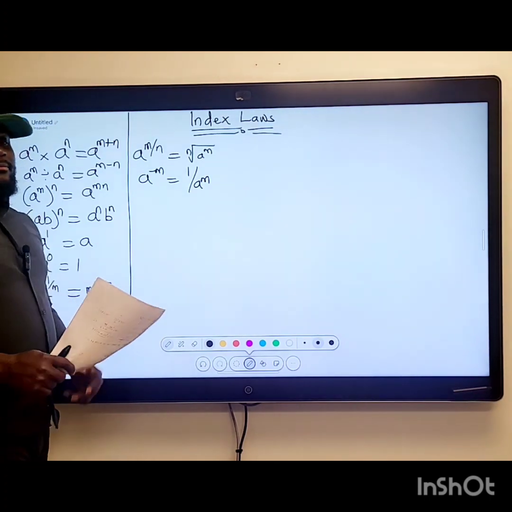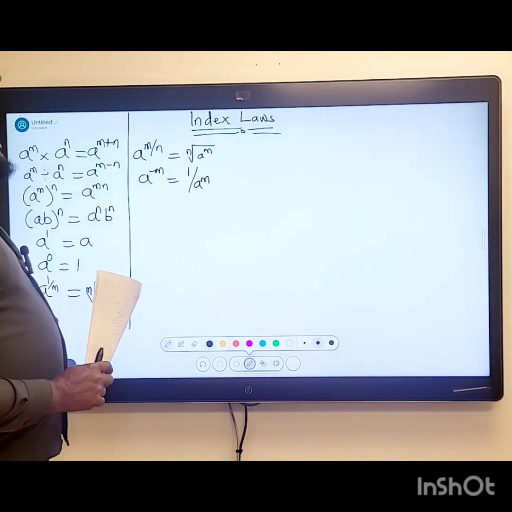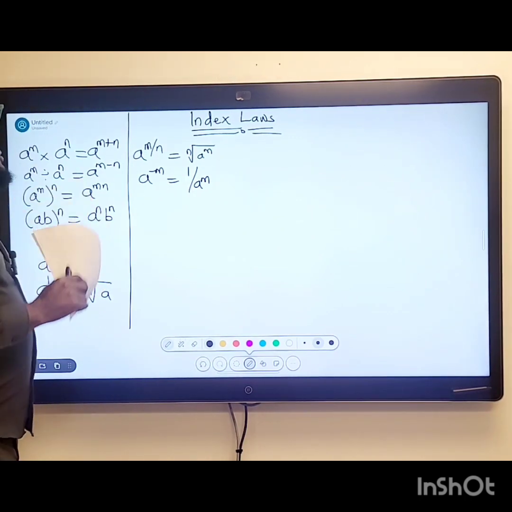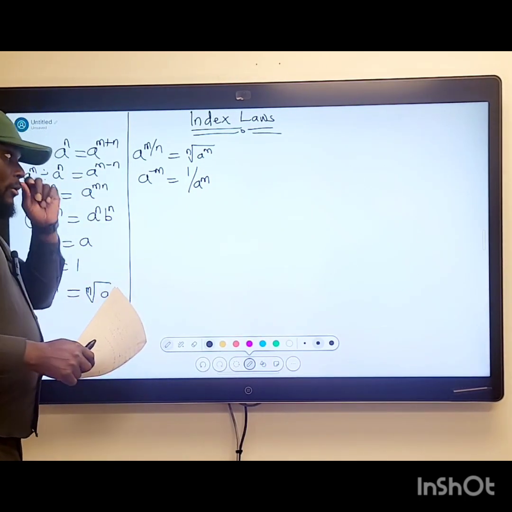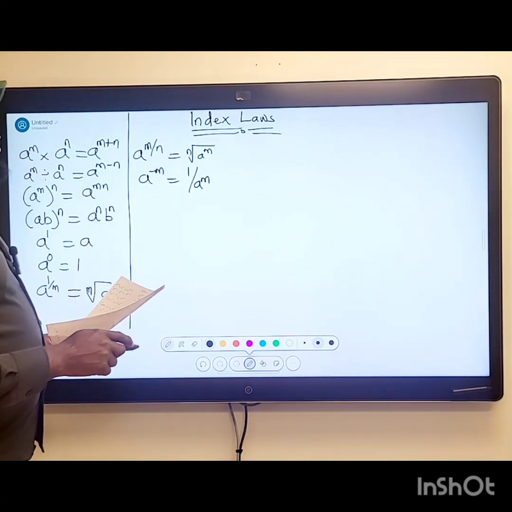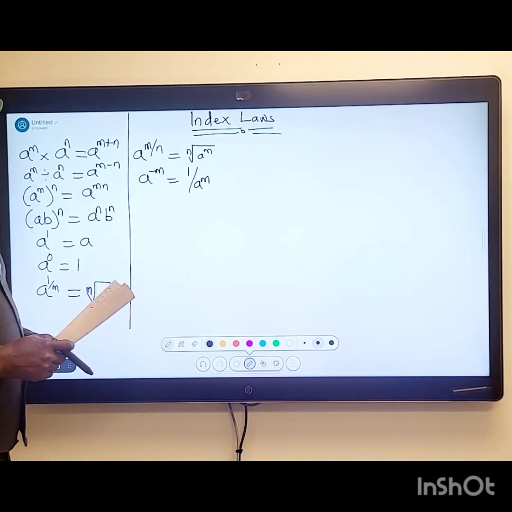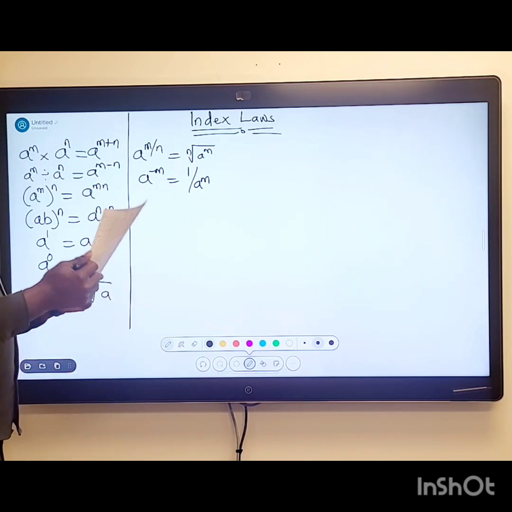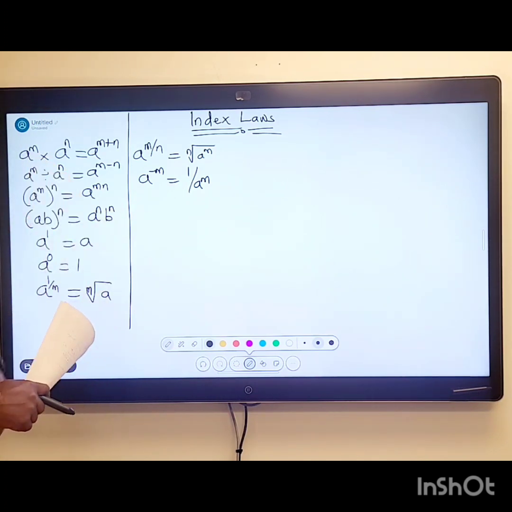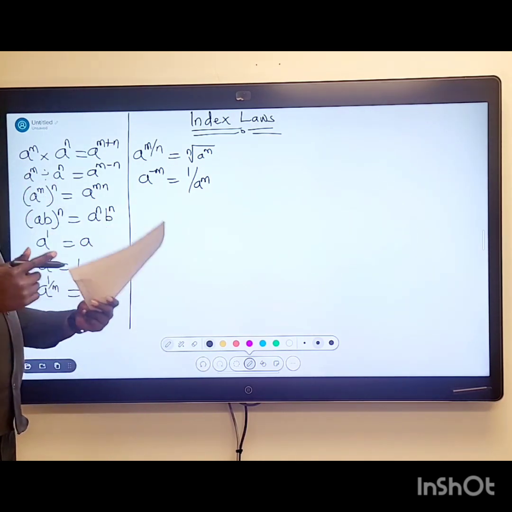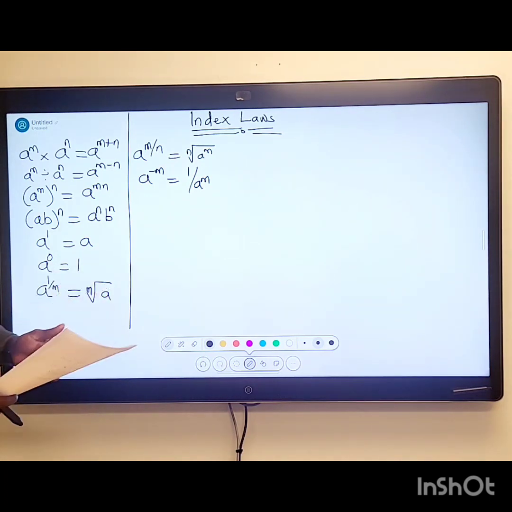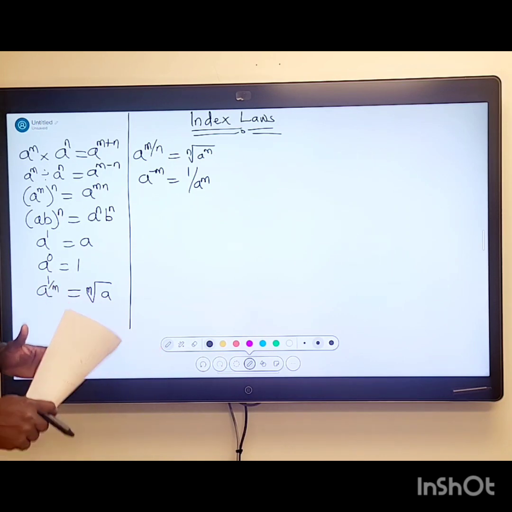Good day everyone. Today we're going to be going in depth on index law. One of our SAT questions we saw about two weeks ago, after solving that, we tried to explain some of this law before solving the question, just to help you understand what you need to do if you have such a question, because people miss something when they don't understand what they need to do.